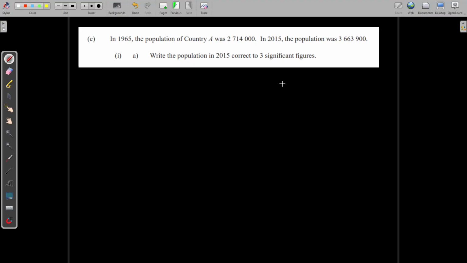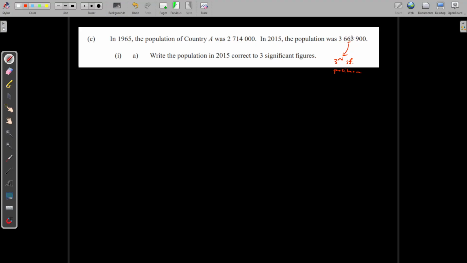So what do we do in this case? We identify what's in the third significant position, and that would be what? The 6. So this is in the third significant position. Then we look at the number that comes after it.